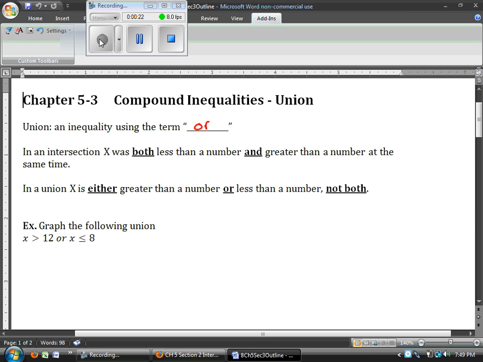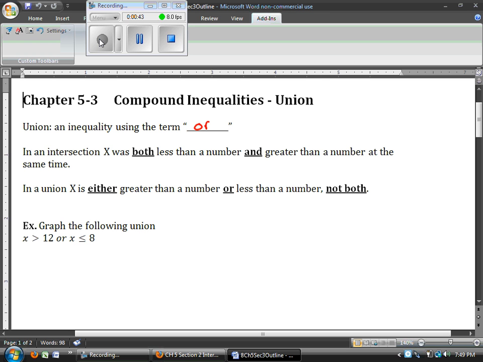Now if we think back and remember back to the intersections, x was always both less than a number and greater than a number at the same time. Less than one number, less than the bigger number, and greater than the smaller number. So it was in between. A union is the opposite. X is either bigger than a number or less than a number, but never both.